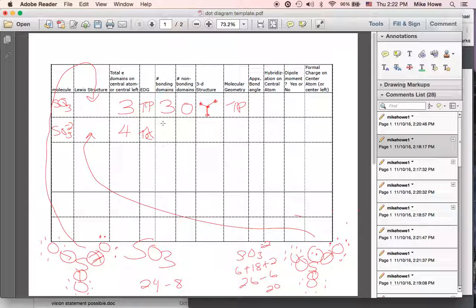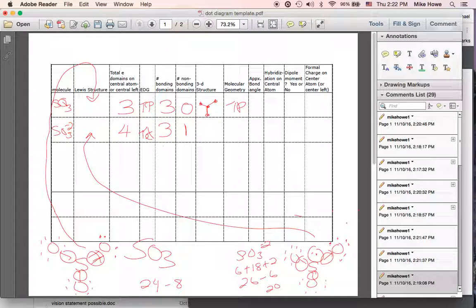And how many bonding domains would there be? Let's see. You have a bonding domain here and here and here, but that's not a bonding domain there because that's an unshared pair of electrons. So we have 3 bonding domains and 1 non-bonding domain.